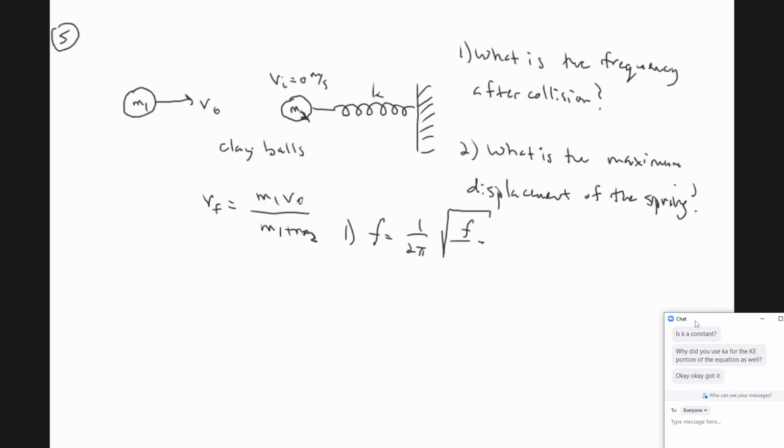What's the mass of the two objects after they collide? Yep. And that's it. That's your frequency. The elastic component over the inertial component, right?